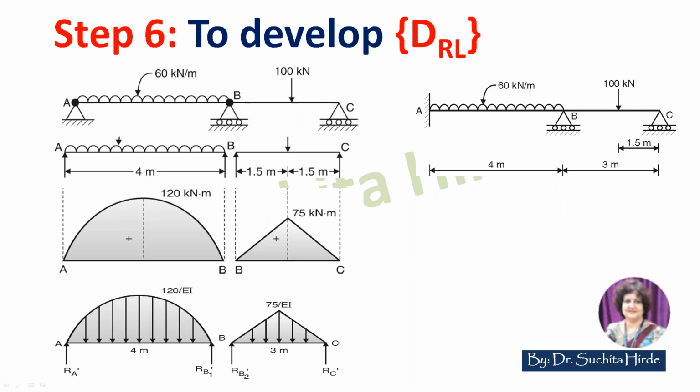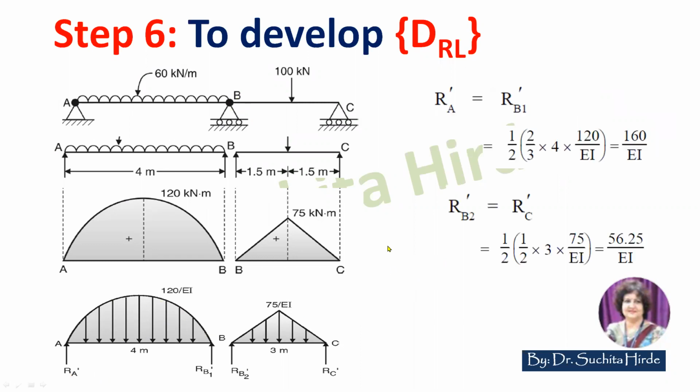For RA dash and RB1 dash, since the load is symmetric, each is half of the total load. So RA dash is equal to RB1 dash, which is half of this parabolic load, which is 2/3 base into height. So we get 160 upon EI, which is the reaction at A of the conjugate beam. Similarly, this triangle is also symmetrically loaded.